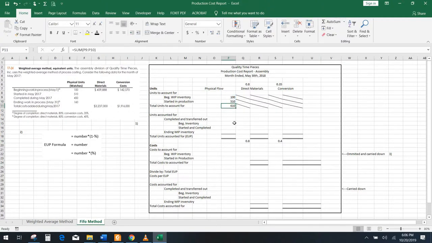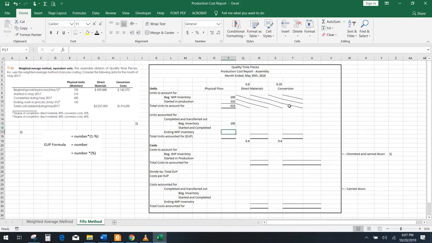Auto sum. Okay, now there is a change here. We had to insert two lines here to distinguish between what was from the beginning inventory, what was started and completed this period, and then what was in the ending inventory. And you'll notice, because we inserted these lines here, we also had to insert them down here. So what was from the beginning inventory, that's up there, 100.